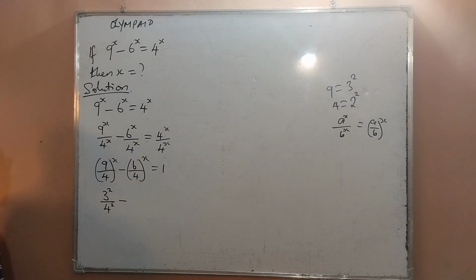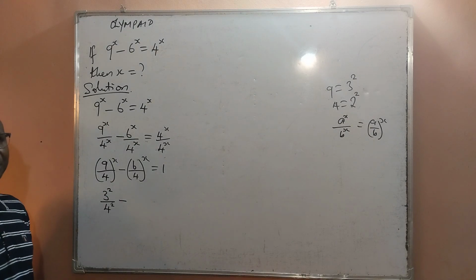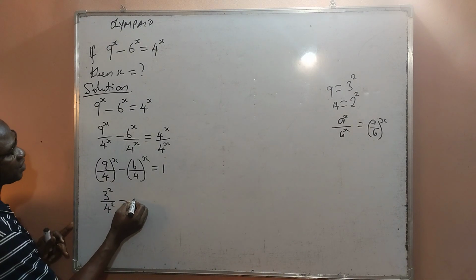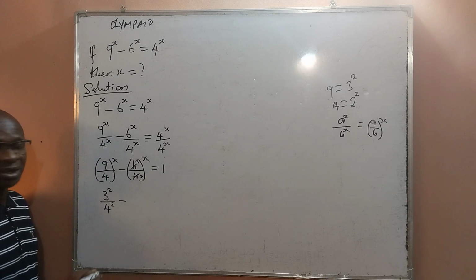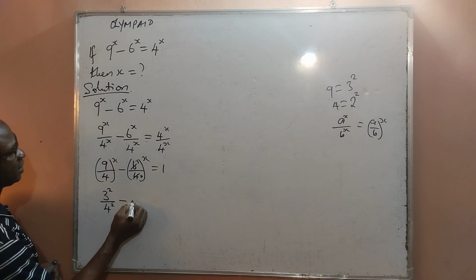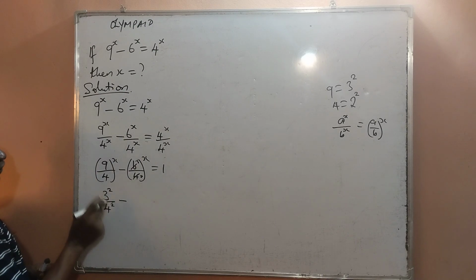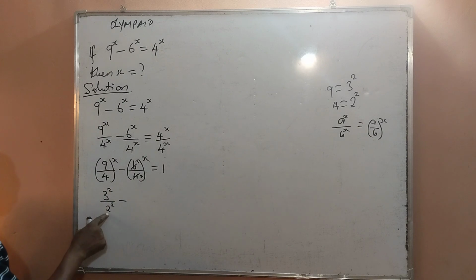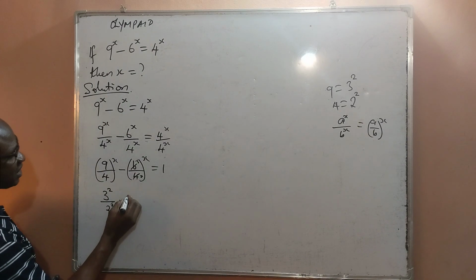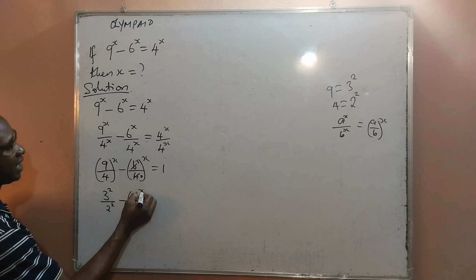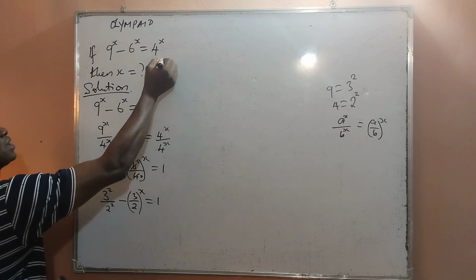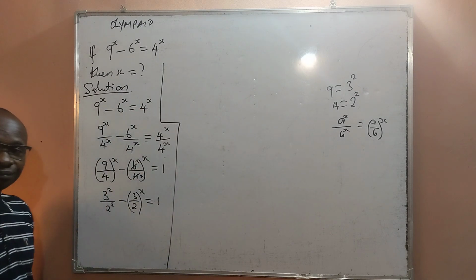Minus 6 over 4 can be reduced to the lowest term: divide this place by 2 to get 3, divide this place by 2 to get 2. 4 is 2 raised to power 2, 3 raised to power 2 is 9. So this place now can be 3 all over 2, all to the power of x, is equal to 1. That is what I can have now.